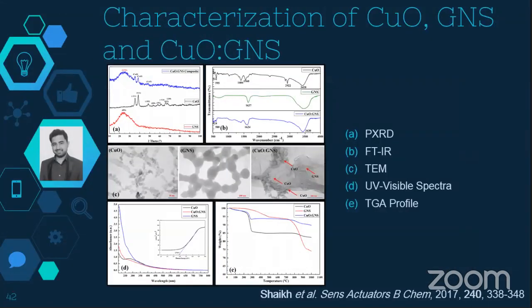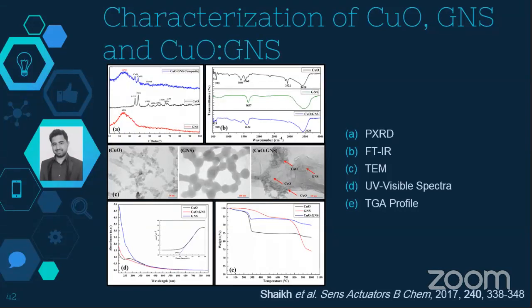So we have characterized this, and you can see A is the powder XRD pattern, the first one for graphene nanosphere. You can see at 25 a very strong peak of graphene is observed. Graphene oxide is observed at 25 2 theta. Then followed by the copper oxide peak, which is comparable with the reported copper oxide in the JCPDS system.